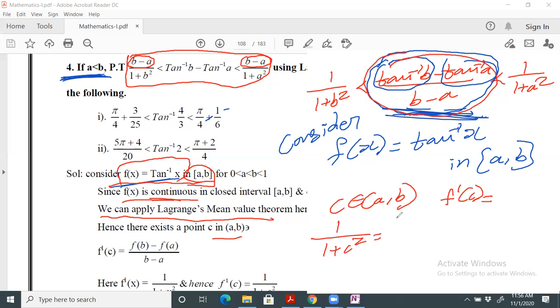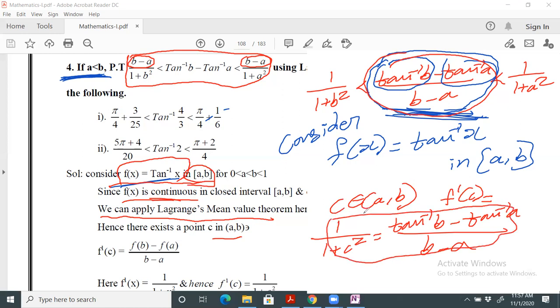F of b is nothing but putting b in place of x, tan inverse b, and f of a is tan inverse a, all over b minus a. Taking this as equation number 1, 1 by 1 plus c square is equal to tan inverse b minus tan inverse a by b minus a. This is what we have here.